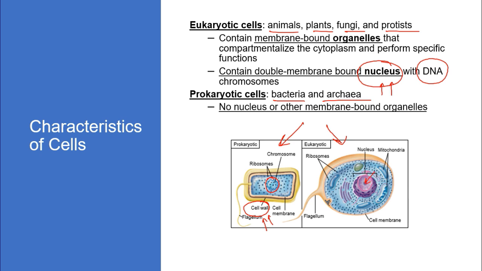We have organelles like mitochondria, Golgi bodies, and also chloroplasts and lysosomes. These structures, mitochondria and chloroplasts, are unique to eukaryotic cells only. Eukaryotic cells may or may not have a cell wall. If eukaryotic cells have a cell wall, those are generally plant cells. Animal eukaryotic cells do not have a cell wall.